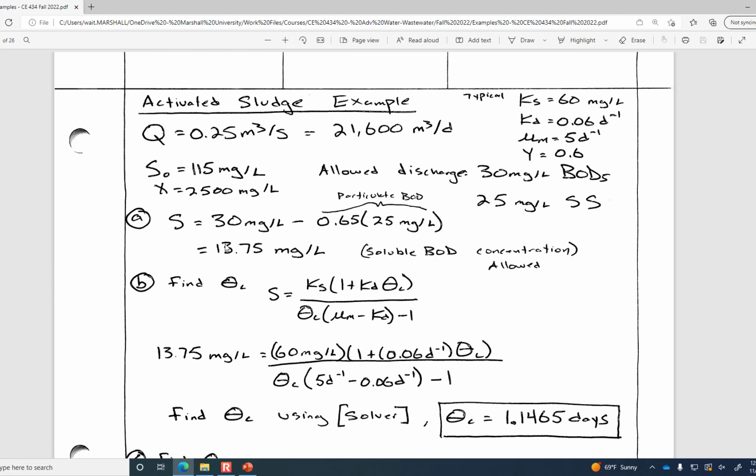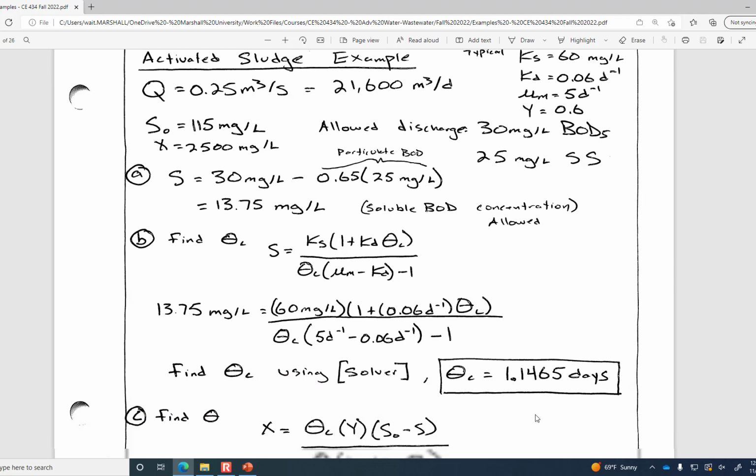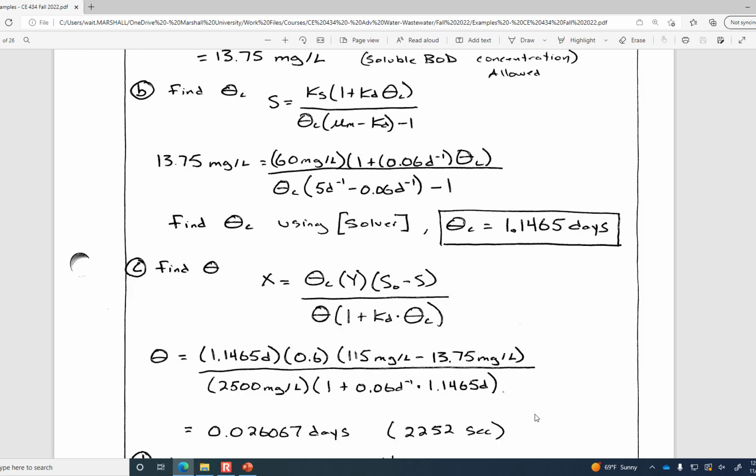So then what we did on Monday was we calculated the mean cell residence time using Solver and got 1.14 days. And then from that we calculated the hydraulic detention time was 0.026 days.